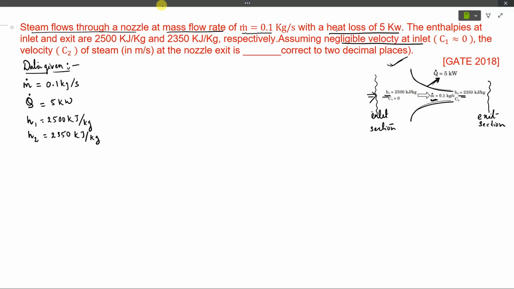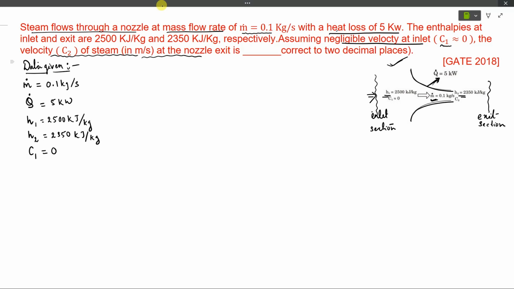Velocity is defined here as capital C. At inlet the velocity is assumed to be 0. So as per the question, C1 is equal to 0. For this question we are going to calculate the velocity of steam in meter per second at the nozzle exit.